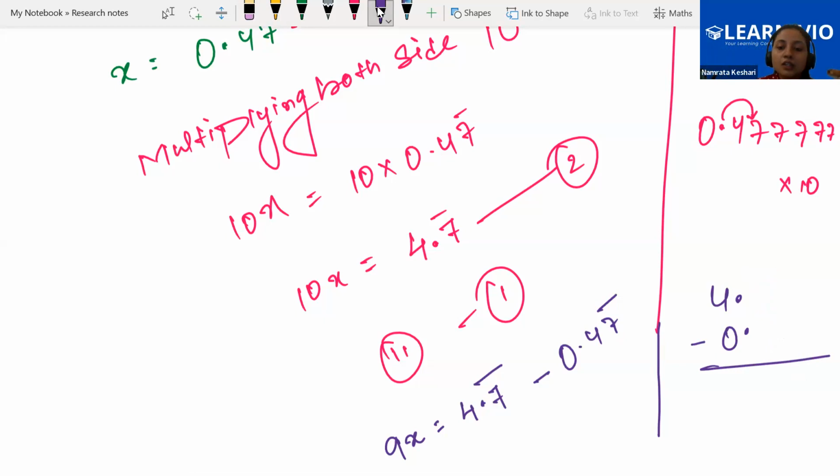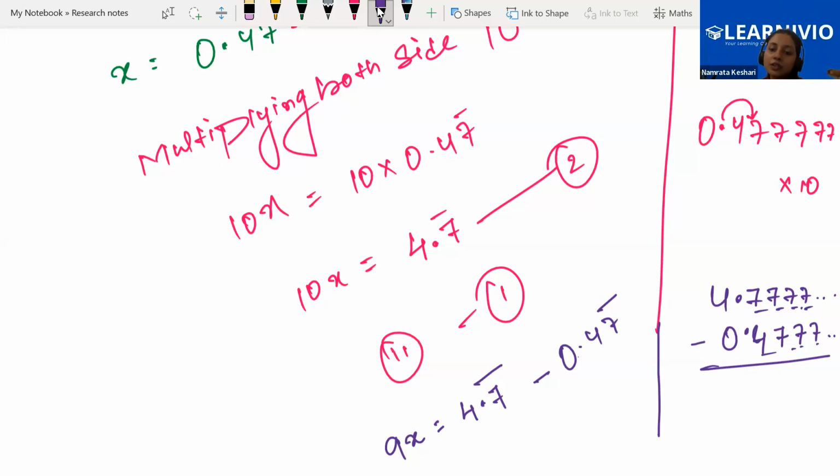So 4.7 bar means 4.7777..., and 0.47 bar means 0.4, then 7, then 7, then 7. Write an equal number of digits at least. After the decimal, here four digits I have maintained, here also four digits. 7777 will keep on repeating itself. Yes or no?